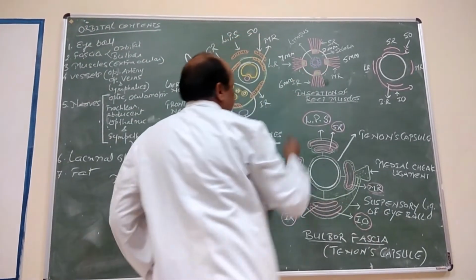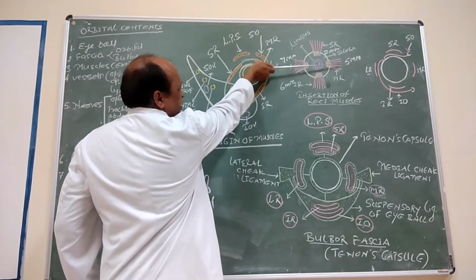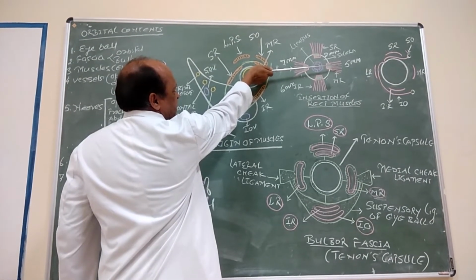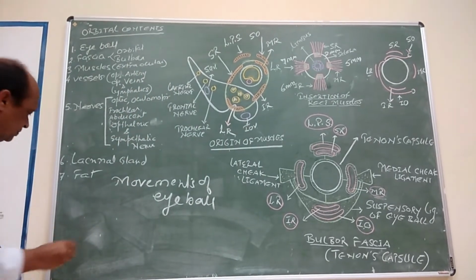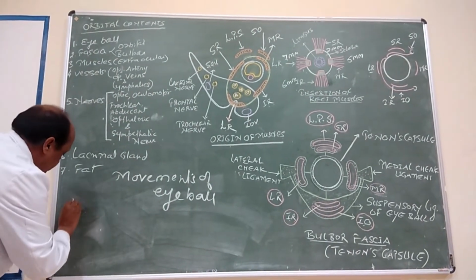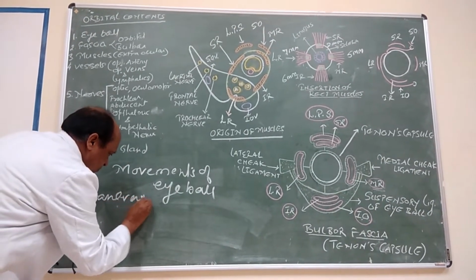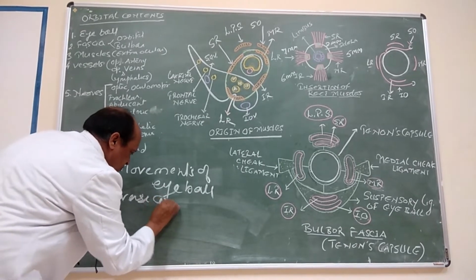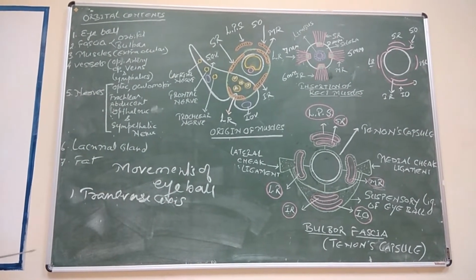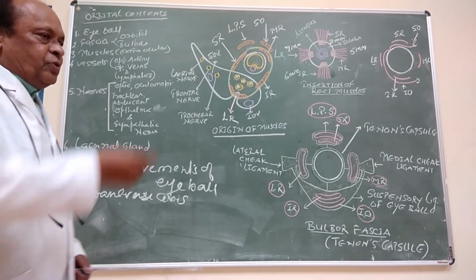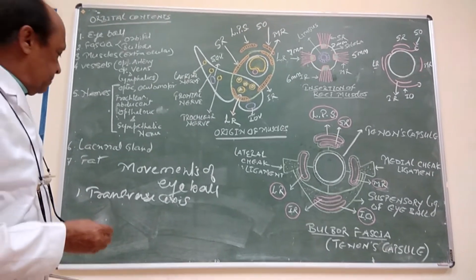Look at this diagram. Around the transverse axis, eyeball moves upwards and downwards. Upwards movement is called elevation, and downwards movement is called depression.